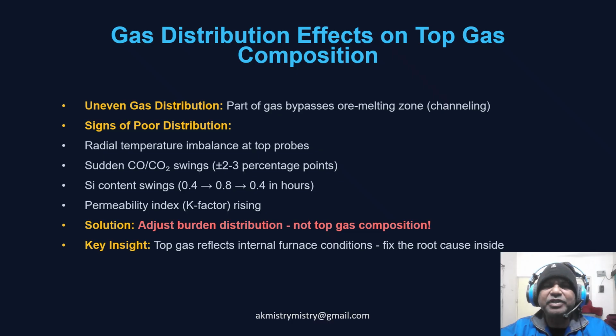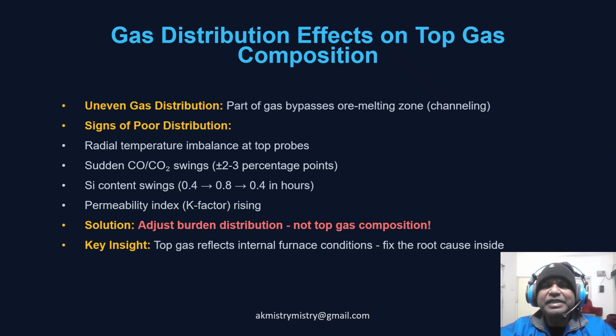When gas distribution is uneven, part of the gas can bypass the ore melting zone through channels, leading to poor contact between gas and burden. Typical signs of poor distribution include radial temperature imbalances at the top probes, sudden swings in CO or CO2 by plus or minus 2 to 3 percentage points, large silicon fluctuations, and increasing permeability indices such as K factor.